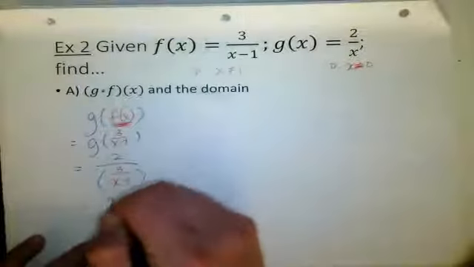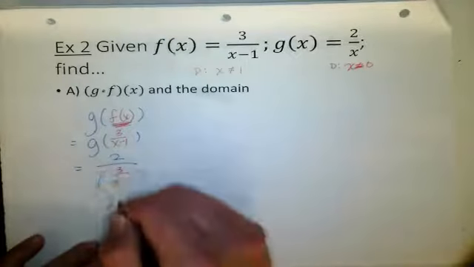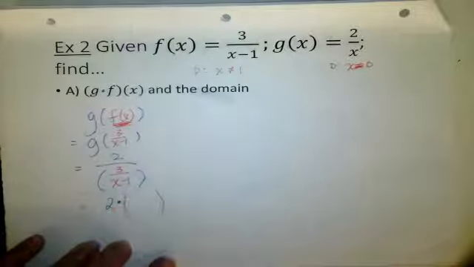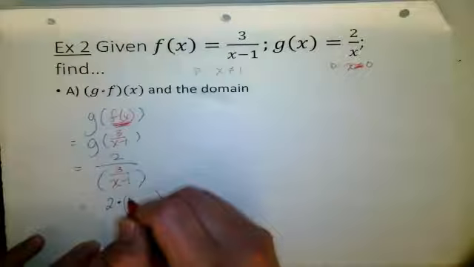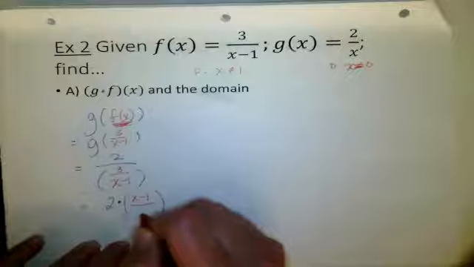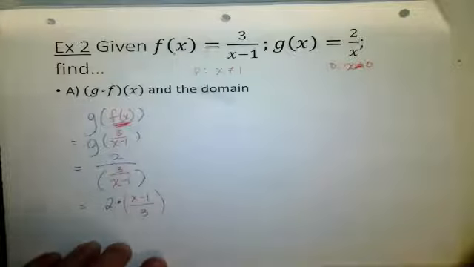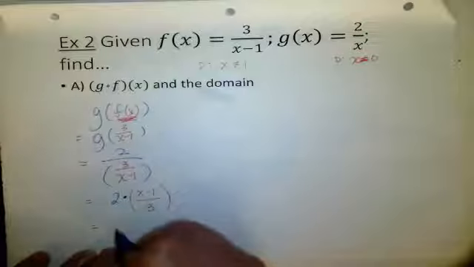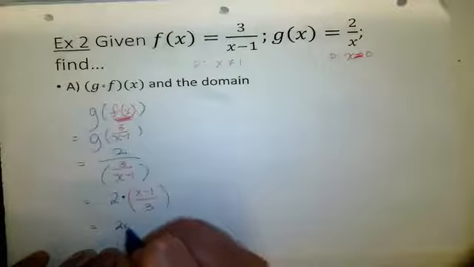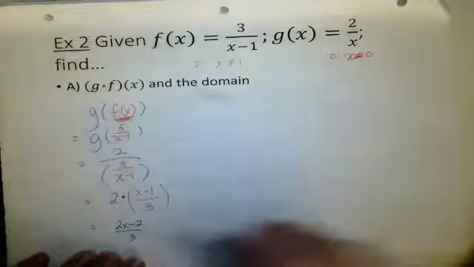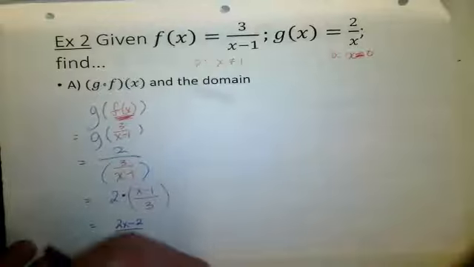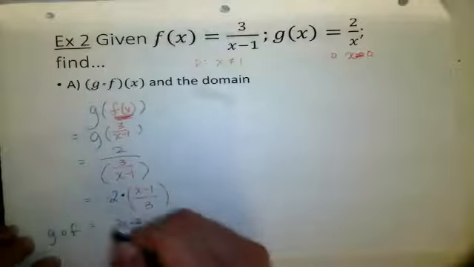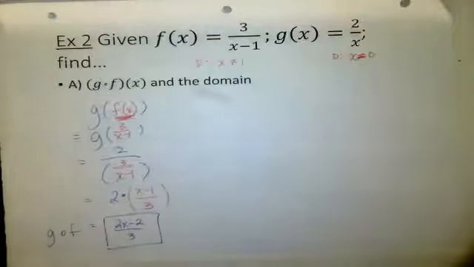So we're going to keep the 2, change the division sign to a multiplication, and flip our fraction, which becomes x minus 1 over 3. Keep, change, flip. And that's going to give me 2x minus 2 over 3. That's kind of interesting. That is g of f, the resulting function right there.